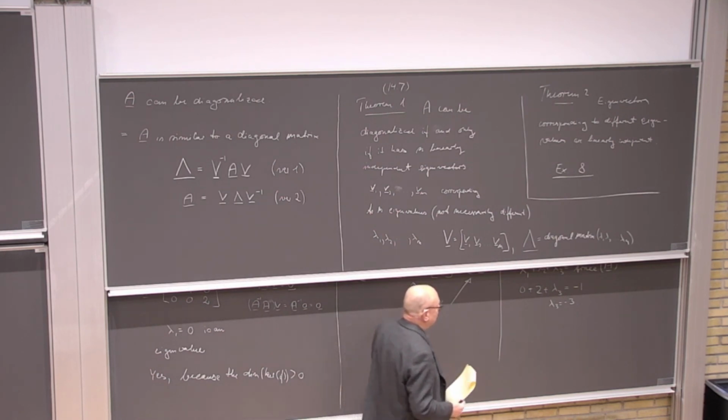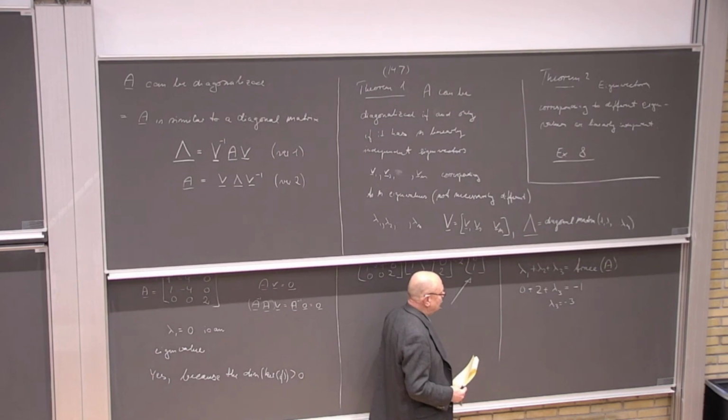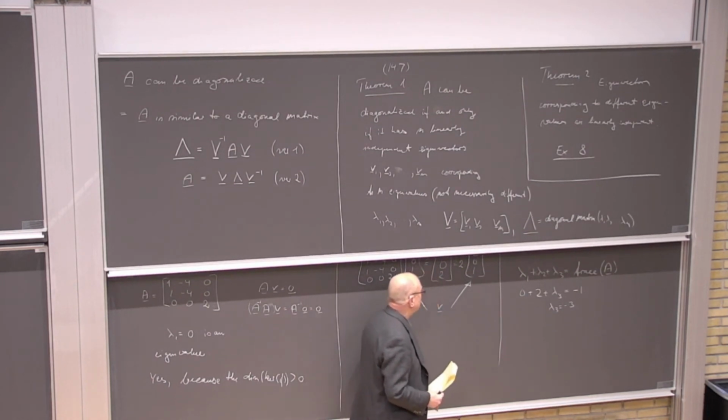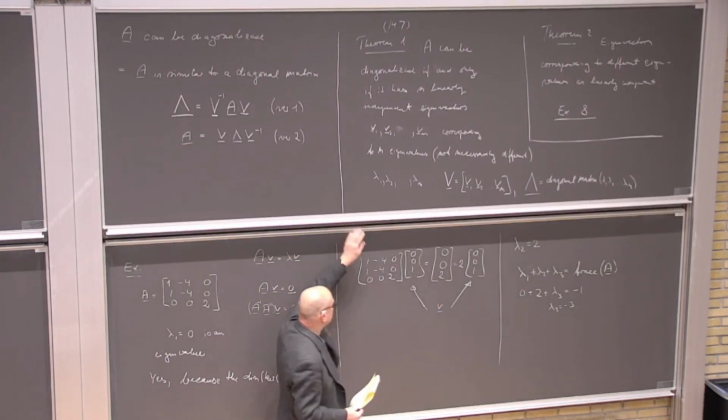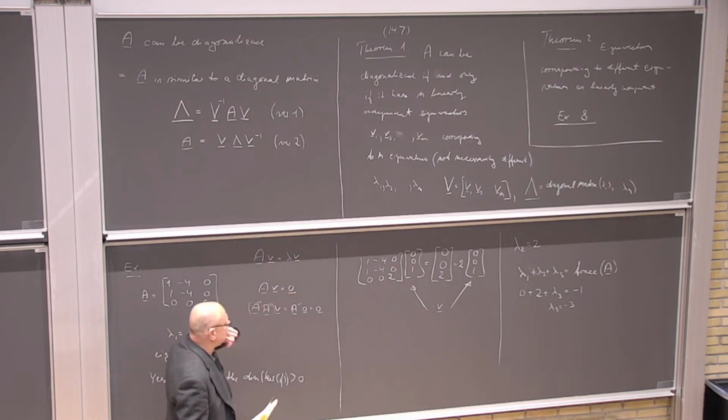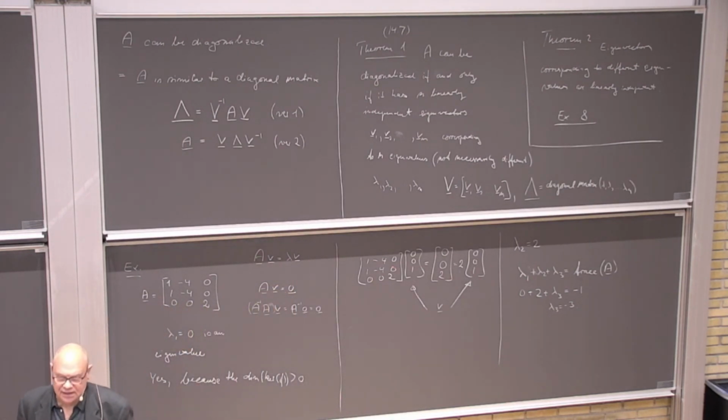So now I have three linearly independent eigenvectors, and I have a 3 by 3 matrix. So yes, it can be diagonalized.